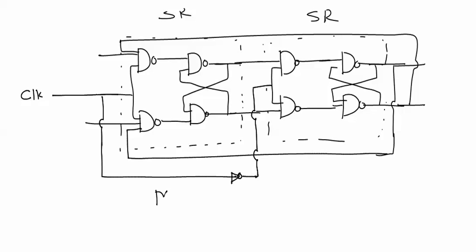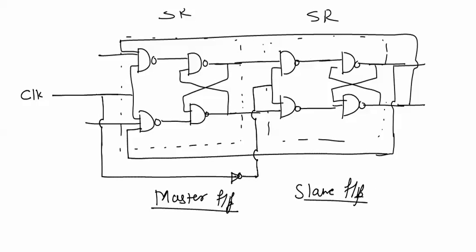This first flip flop is called master flip flop, and the second one is called slave flip flop. This circuit is called master slave JK flip flop. In this master slave JK flip flop, the first flip flop is called master flip flop, and the clock is applied directly to it, while the inverted clock is applied to the slave flip flop.